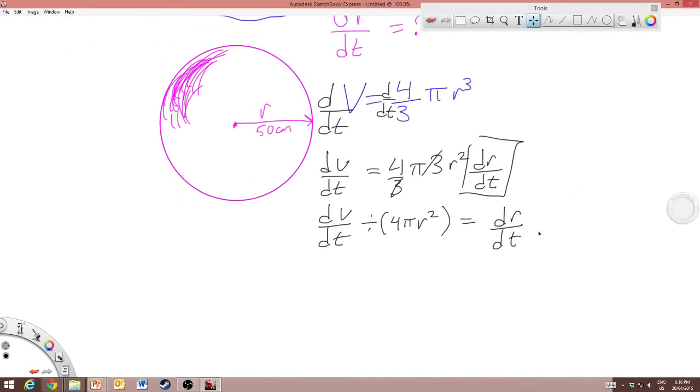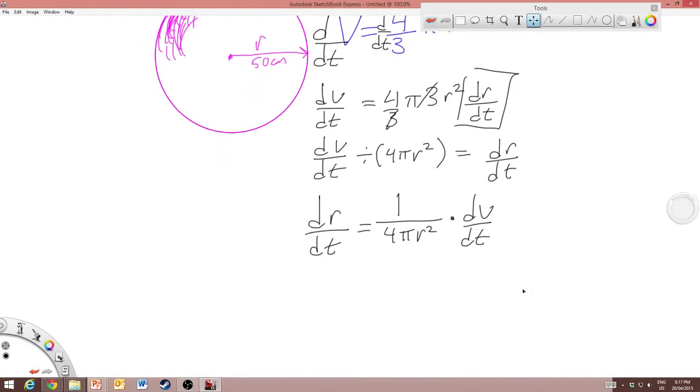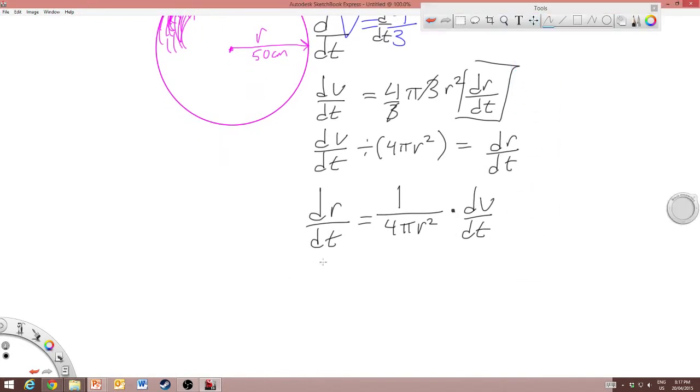Or if I clean it up a little bit so it looks a little nicer, we'll get dr/dt is equal to 1/(4 pi r squared) times dV/dt.